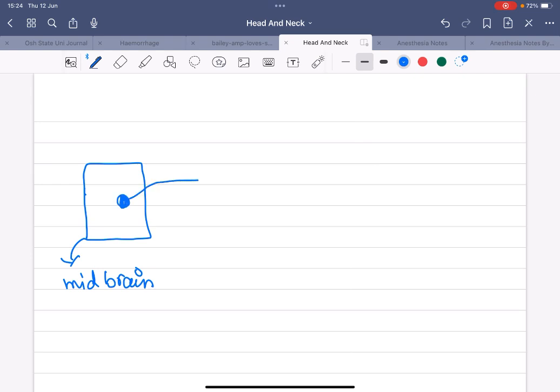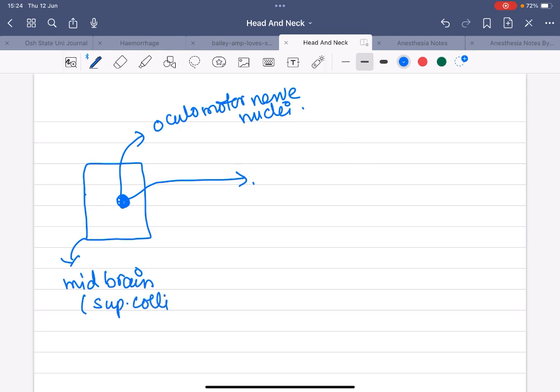So this is the oculomotor nerve nuclei. It is present in the midbrain at the level of the superior colliculus, third cranial nerve. Here one more nucleus is present, this one. This nucleus is known as the Edinger-Westphal nucleus.